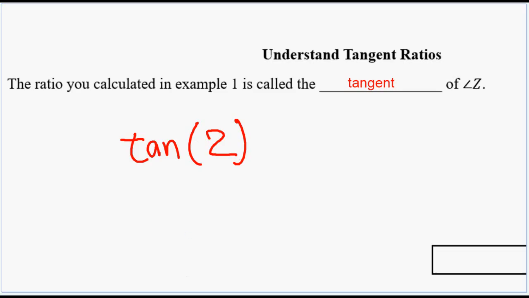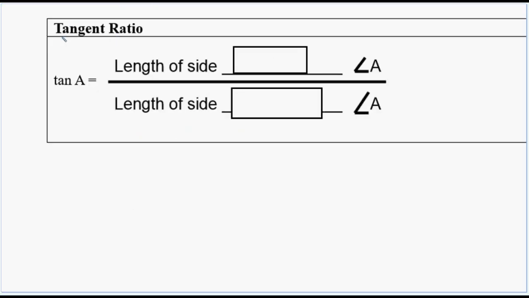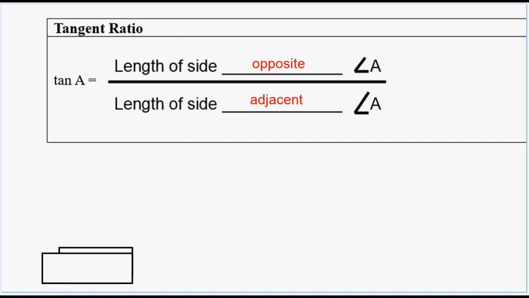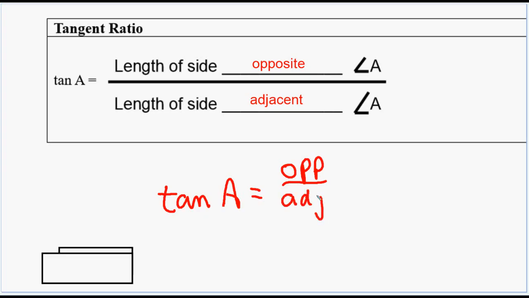Tan of Z. So the tangent ratio, our definition: the tan of angle A is the length of the side opposite angle A divided by the length of the side adjacent to angle A. So if we want to shorten that up, we can just write tan of A equals opposite over adjacent. A little mnemonic trick to memorize it: T-O-A, TOA. Tangent is opposite over adjacent.